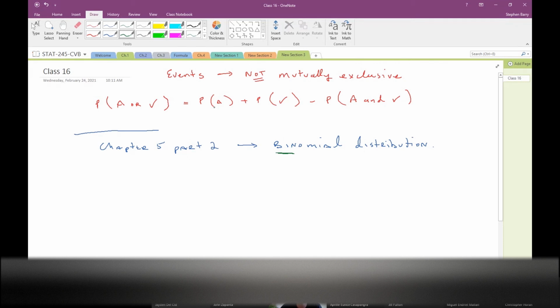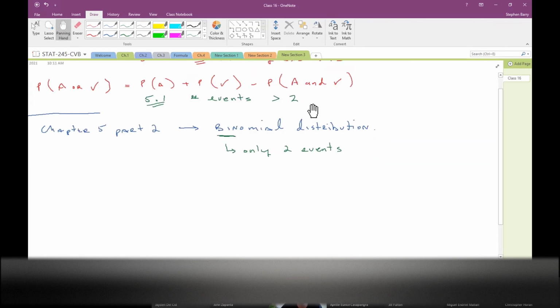With the probability distribution from yesterday, from 5.1, the number of events is more than 2. The probability of 0, 1, 2, 3, 4 defects in the microchip or whatever it was. But with binomial, it's just 2. There's 2 outcomes possible. But this gives us a more powerful analysis tool, as you'll see here.